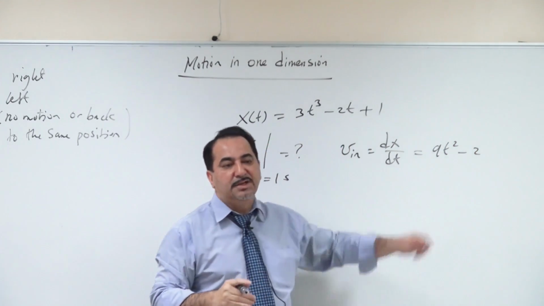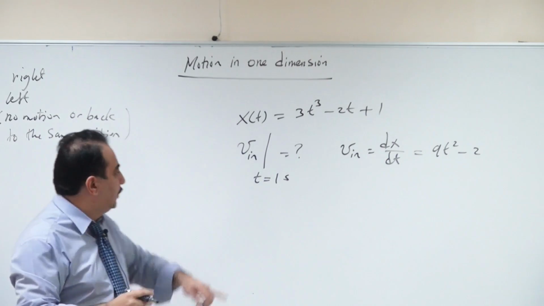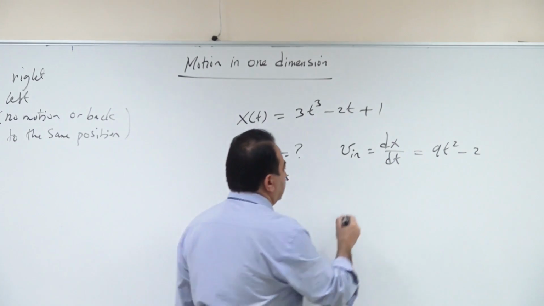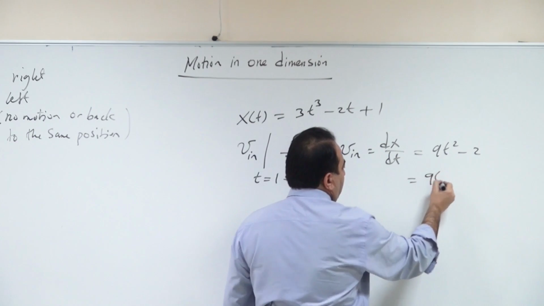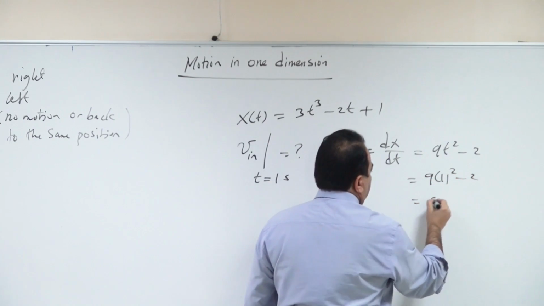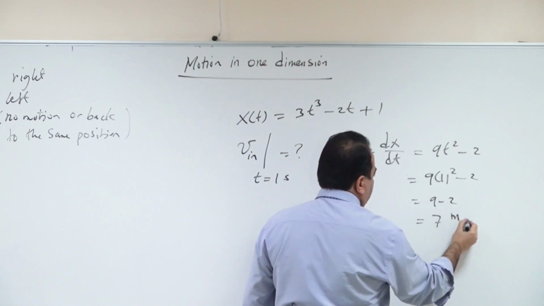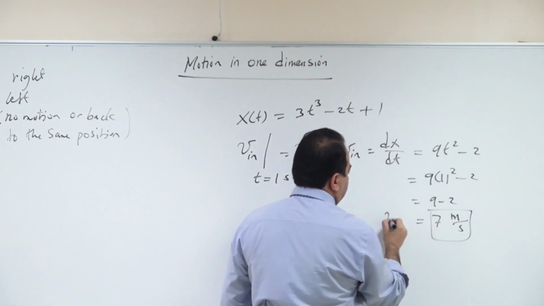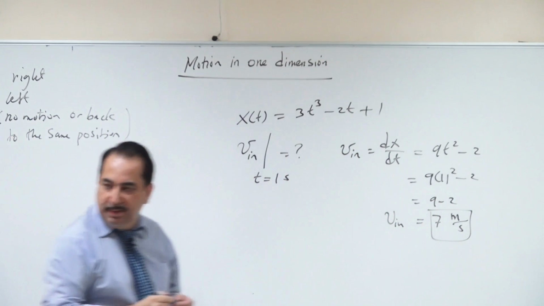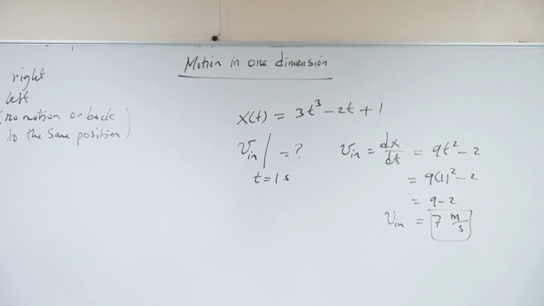This is the instantaneous velocity at any time. So if you want it at 1, just substitute: 9 minus 2, which is 7 meters per second. This is the instantaneous velocity. So this is the meaning of derivative.